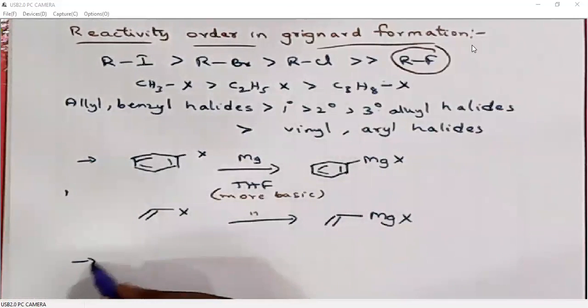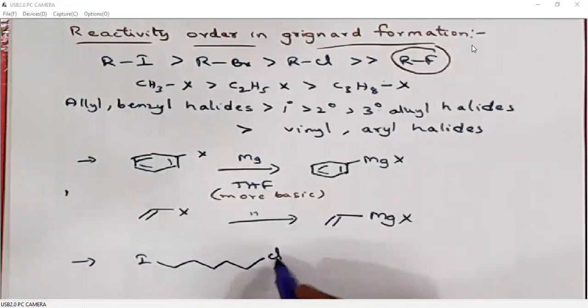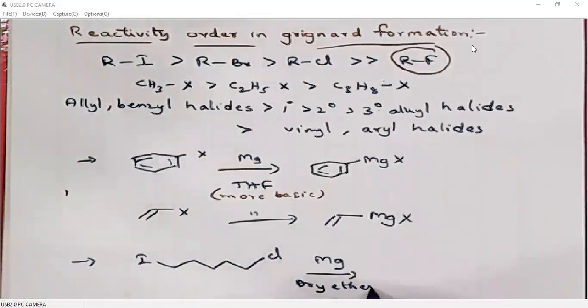When we look at the comparison, in this alkyl dihalide, we have both iodine and chlorine. When we want to generate Grignard reagent, which halogen will preferentially be involved in Grignard reagent formation?